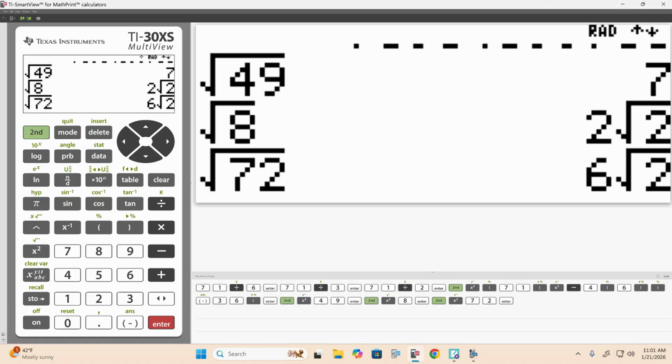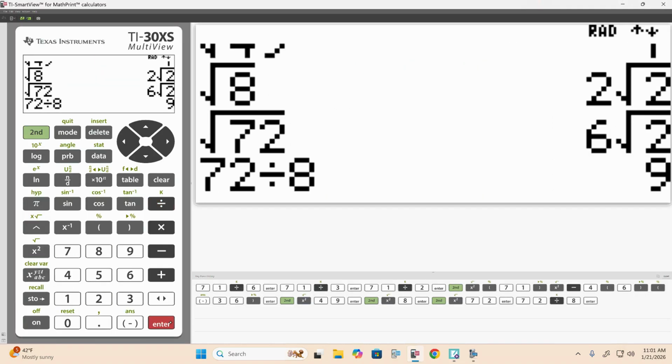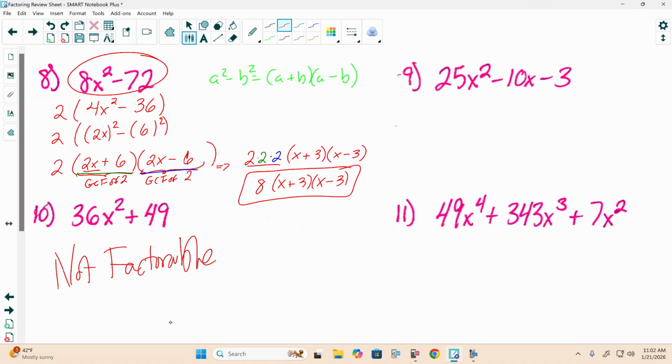Let's see here. 72 is divisible by 8, so we could have factored that out to begin with. Even if we don't see it, we got it to something that did work. We can go from there. So our first division was this 2 here.